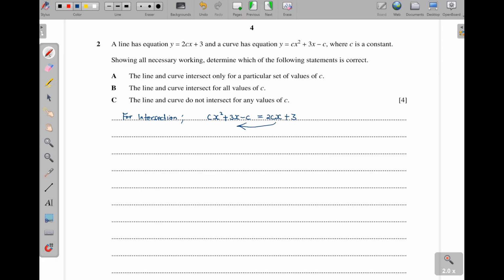So bringing everything this side to form a quadratic equation, we shall have cx squared. The ones that have x are this one and this, so we shall have 3 minus 2c of x, then minus c minus 3 is our constant term. Now this is the quadratic equation we have gotten for the solution of these two. That means we are supposed to solve this, okay?